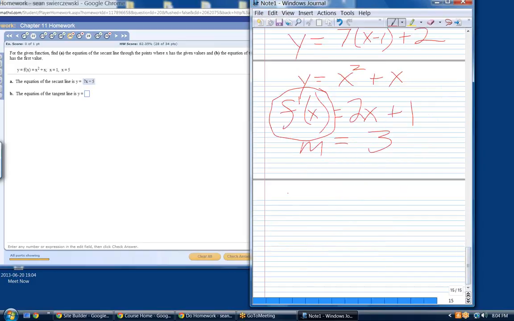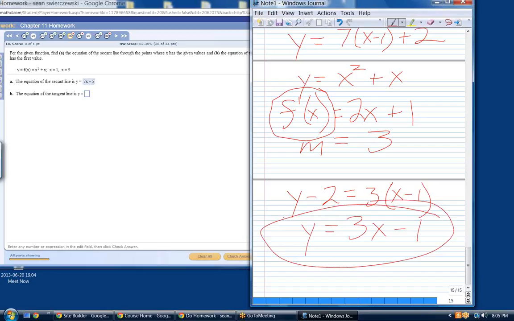So now it's y minus 2 equals 3, the slope of my tangent line, times x minus 1, using the point slope. So y is equal to 3x minus 3 plus 2.